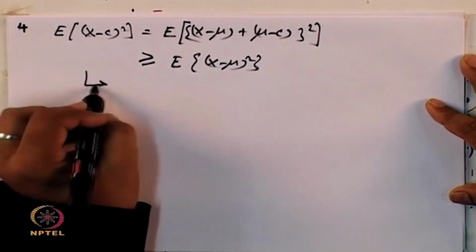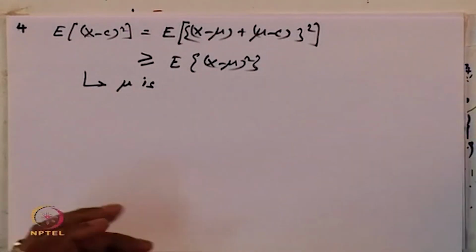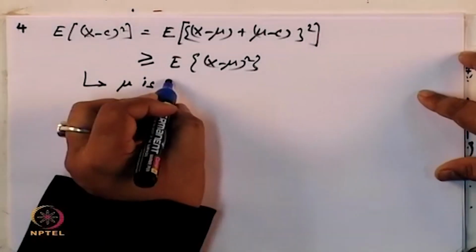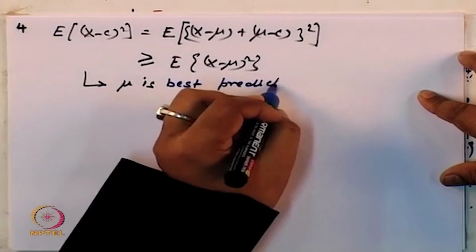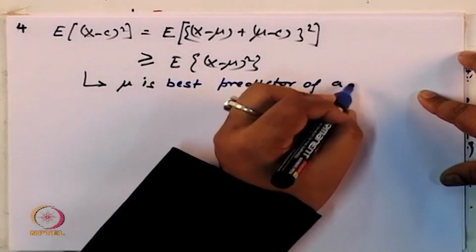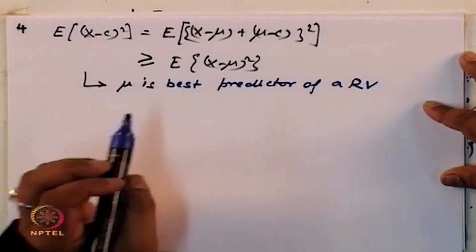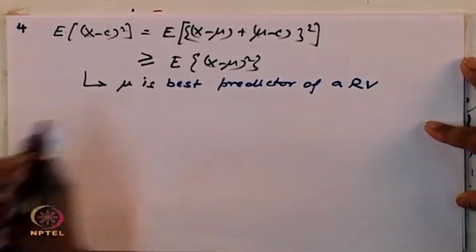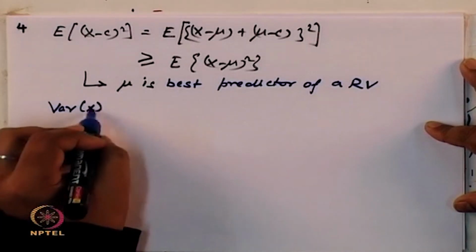So, this is why mu is the best predictor of a random variable. It gives you the best value of expectation; it minimizes this. E of (x minus mu) whole squared is nothing but the variance of x.